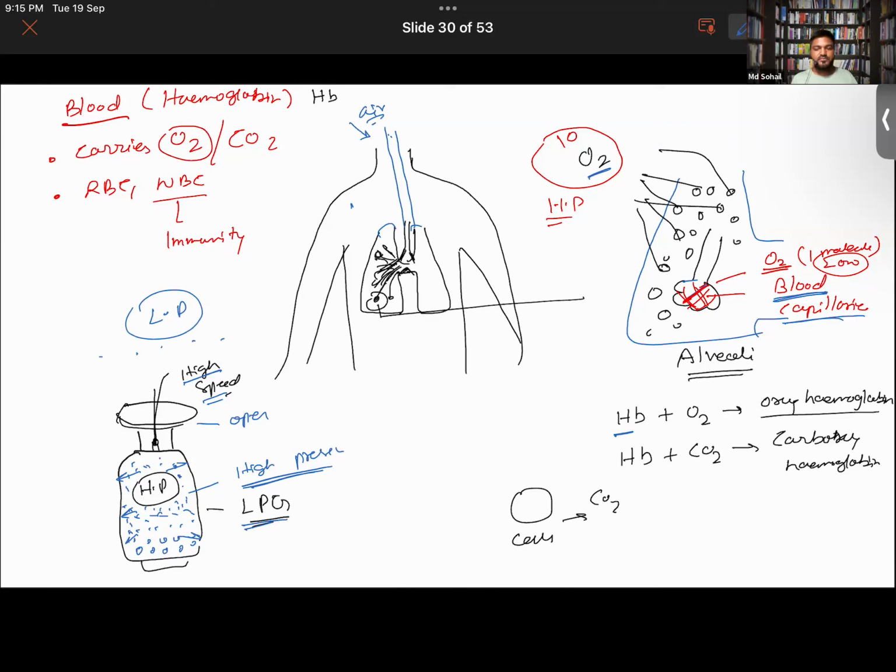In the same manner, there's a high amount of oxygen molecules surrounding the alveoli. So as soon as the oxygen enters the lungs, it will enter the blood capillaries because there is a deficiency of oxygen in the blood.